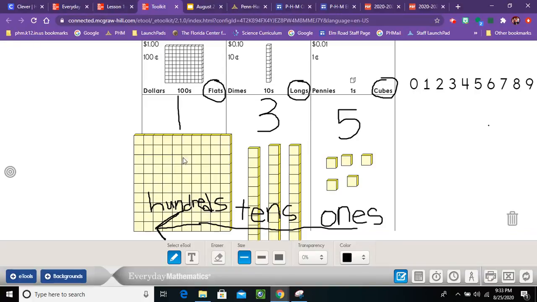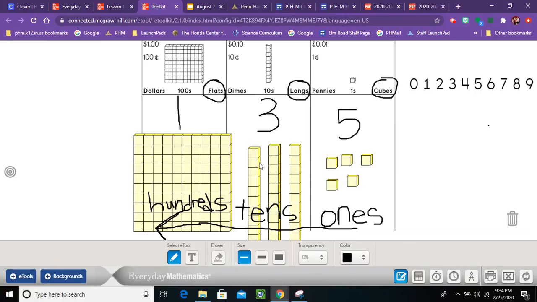So my grand total is 135. There are 135 cubes on my screen right now. Again, this is the ones place, and there are 5 cubes.